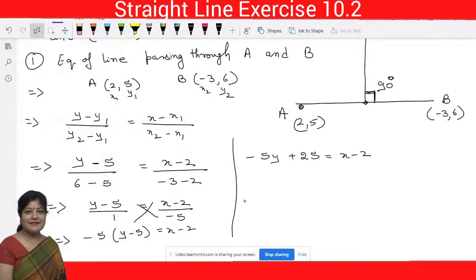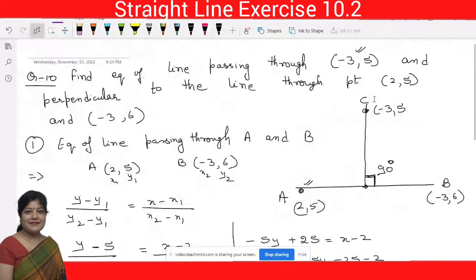Finish. Just see on the screen, x plus 5y minus 27. This is the equation of this line AB. Now we have to find the equation of line, let CM.